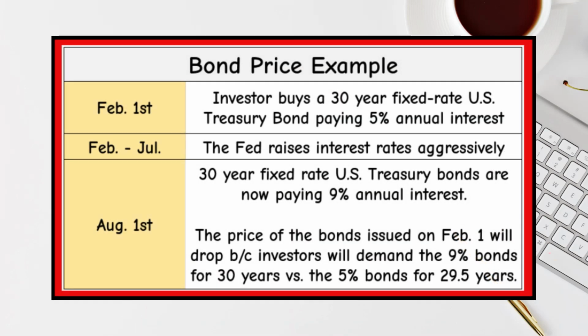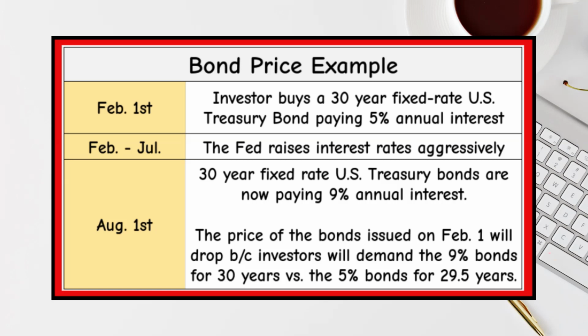Let's break that down because it's often confusing to novice investors. Let's say on February 1st, an investor is issued a new 30-year U.S. Treasury bond paying 5% interest. On that date, 5% interest is the interest rate the market is demanding to lend money to the U.S. government for a period of 30 years.